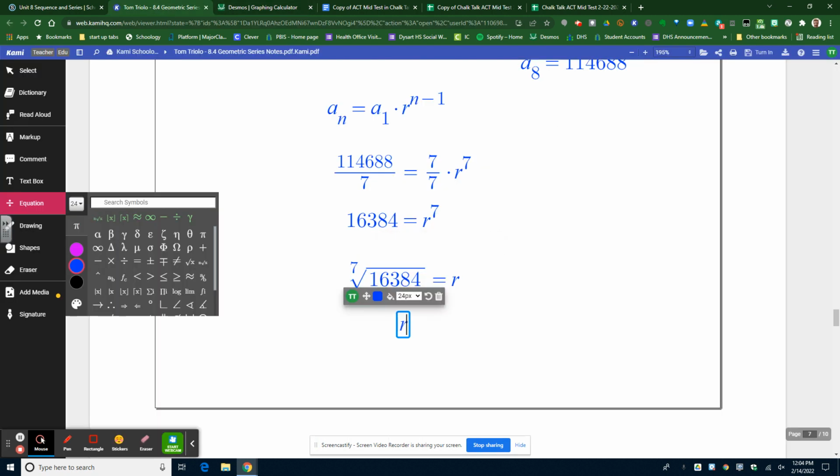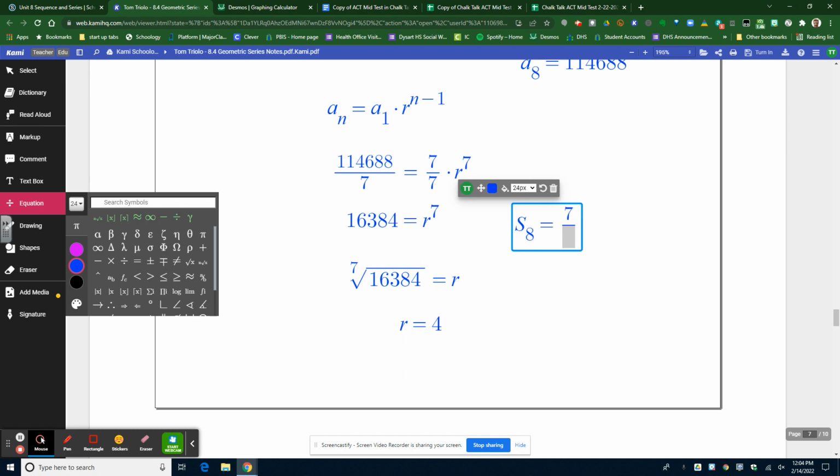Am I done? No, because I still haven't found the sum. So it's the sum of the first 8 terms. That sum 8 equals, make the fraction bar, not the negative sign. My first term was what? 7? Do I need parentheses this time for my ratio? It isn't negative, so nope. 1 minus 4 to the 8th power over 1 minus 4.